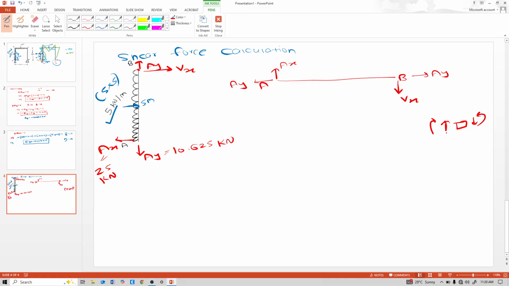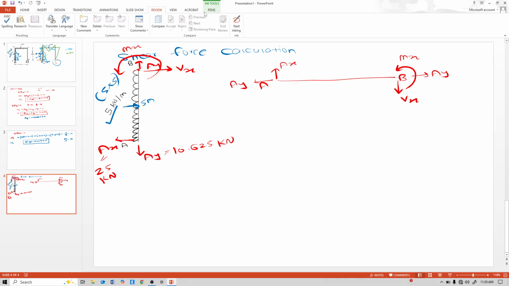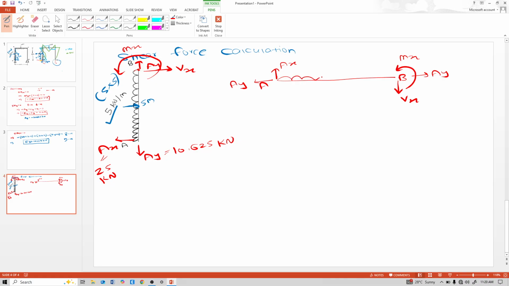Take the positive sign convention here, so this is anti-clockwise, Mx. This is the positive sign convention, that means this arrow Mx is anti-clockwise, and here it is UDL 5 kilonewton per meter. Just for solving purposes, see it like a vertical beam.